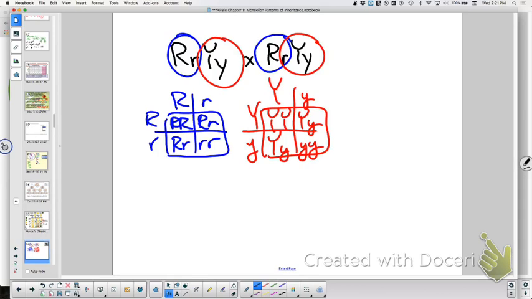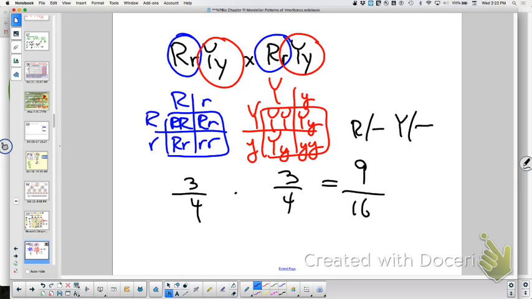So if I wanted to know how many are big R anything, big Y anything, by the laws of probability, how many of them will be big R anything? 3/4. How many of them will be big Y anything? 3/4. 3 times 3 is? 9. 4 times 4 is? 16. 9/16.